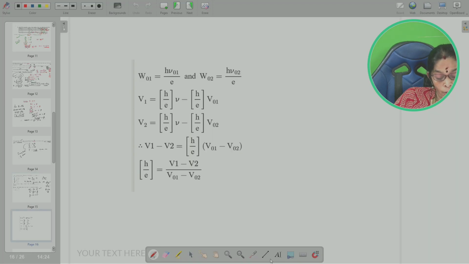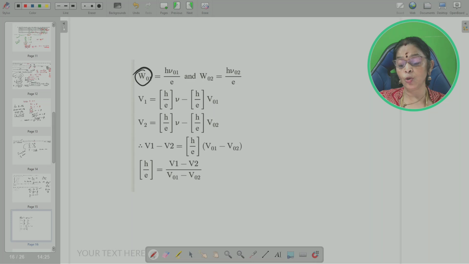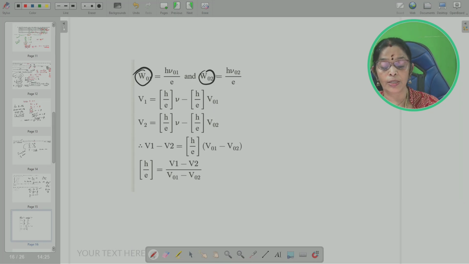So you can see here this is the work function, which can be written as h nu naught 1 by e, and work function 2 is h nu naught 2 by e. So V1 is equal to h nu by e minus h nu naught 1 by e. That is nothing but eV naught is equal to h nu minus h nu naught, right.